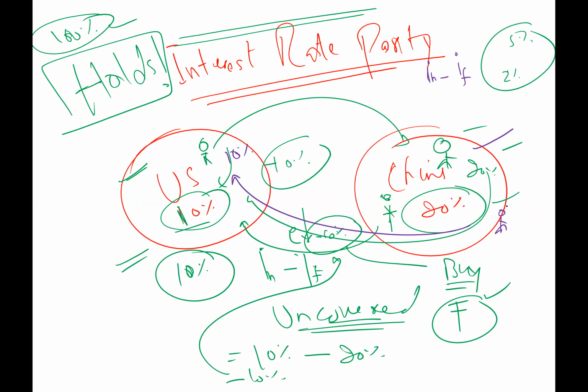Now the home currency is Chinese, so 20% minus 10% means the dollar is going to be appreciated by 10%, and when you convert your return back to Chinese yuan, you end up earning this 10% plus 10% of currency appreciation. So no matter where you are, you end up earning the same return, right?